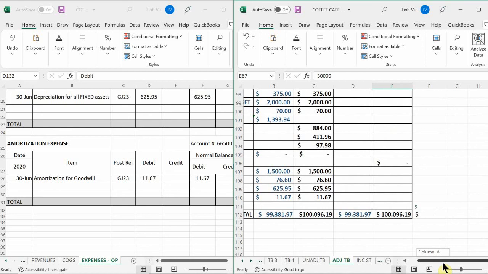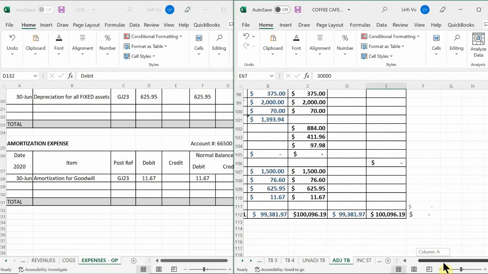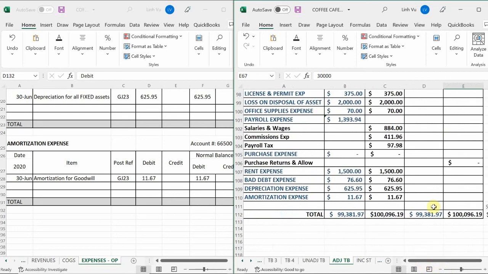And there we go. We balanced on both ends, both on the debits and credit side, and the main accounts also match on both ends as well. So there you go. Success. We're at $99,381.97 on my main accounts. My actual, all of my accounts, is at $100,096.19.